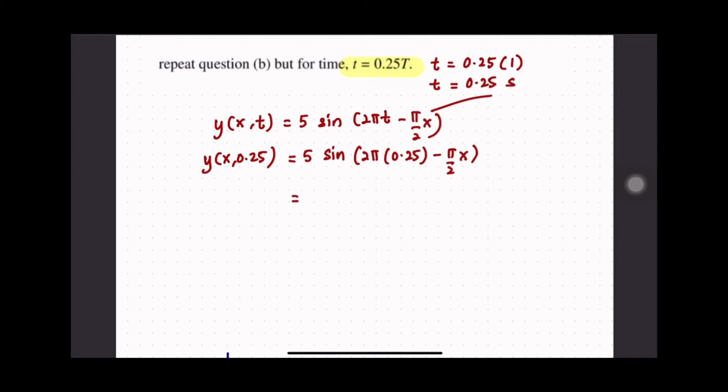Okay, so 0.25 times 2 gives you half. 5 sin(π/2 − (π/2)x). Okay, so this is the y-x graph equation when t is equal to 0.25.